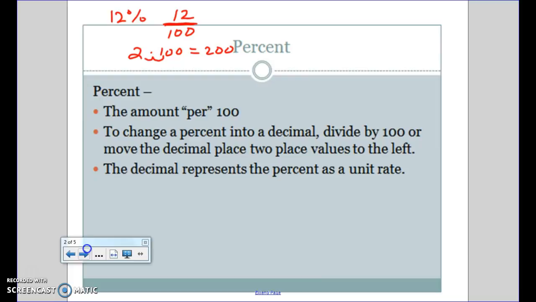Well, it works the same way when we are dividing by 100. So if I had 12 divided by 100, instead of making it bigger 2 decimal places, I would make it smaller 2 decimal places, and so that would be 0.12. And so we've written percents as fractions per 100 and as decimals by moving the decimal place 2 spots.